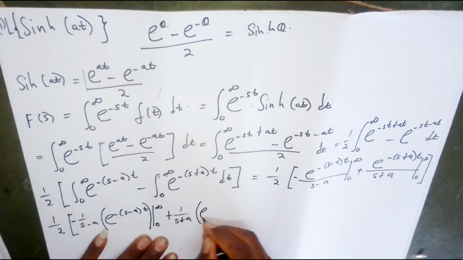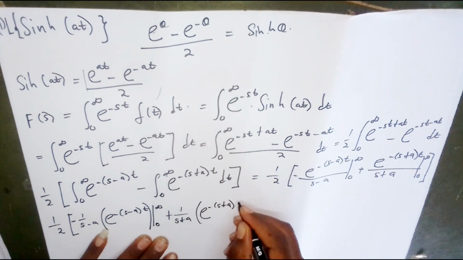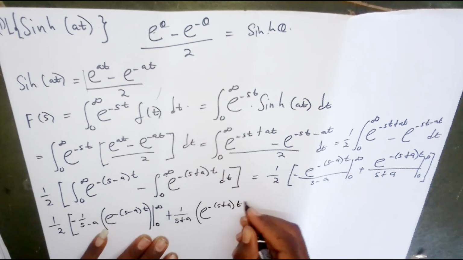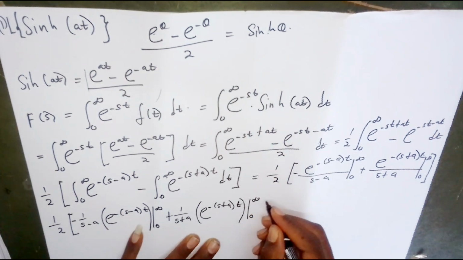Then the bracket is left with e to the power negative (s plus a)t, lower limit 0 up to infinity.